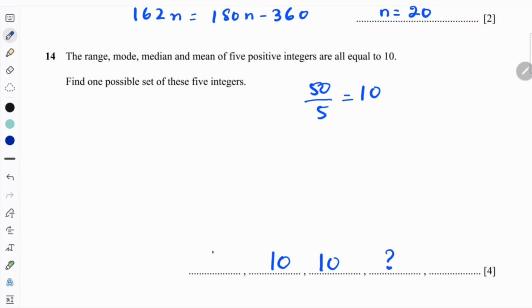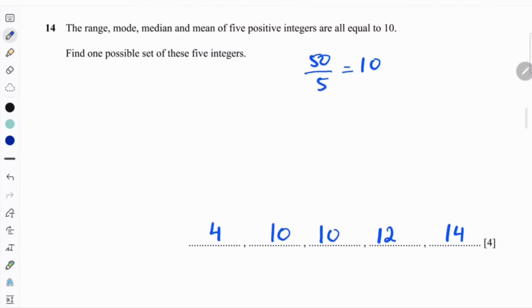So I'll have a smaller number 4, so 4 and 14, the range is also 10. Now I'm adding all of the numbers and trying to make it equal to 50. That is 10 and 10 and 10, that is 30, 34, and then 4 more, 38, then 12 is the remaining number, which is more than 10. So it's also one of the possible sets we can write down for the mean, median, mode, all of them equal to 10. Even the range is also equal to 10.